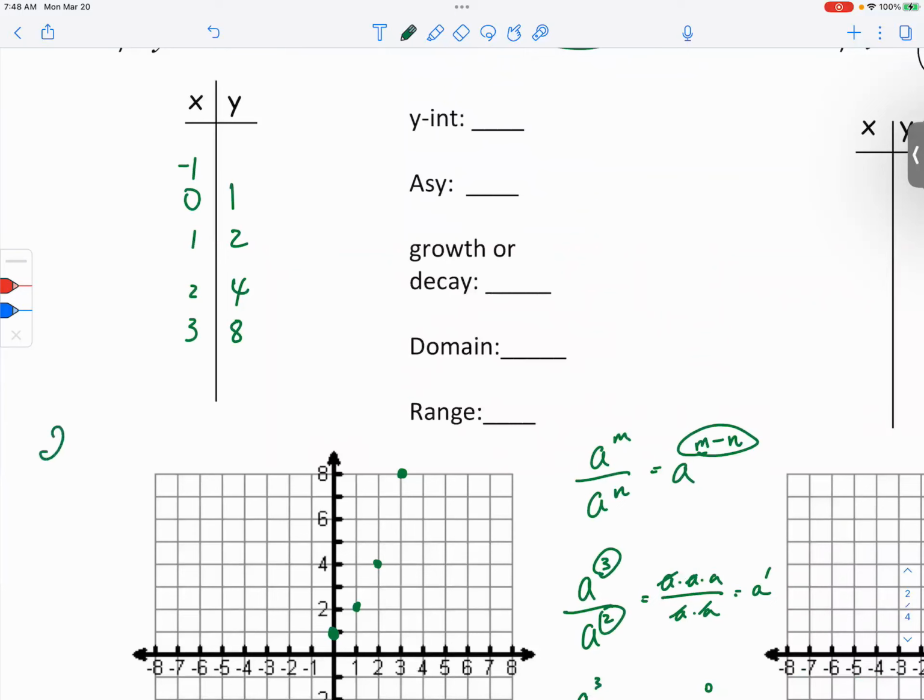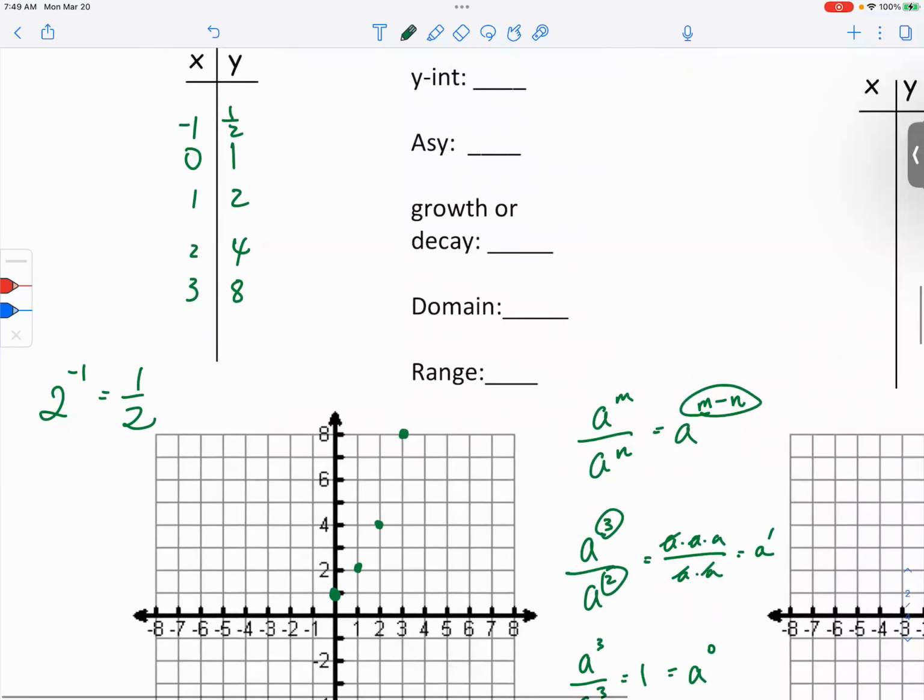Do you remember what negative power represents? We did that quite a few weeks ago at the beginning of term 3. 1 over 2. Okay, if you still remember, negative power means the reciprocal.